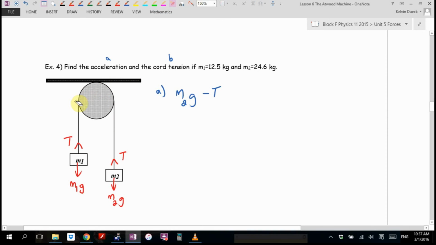And this is what an Atwood machine can do. It lets you flip forces around. What about M1G? And it's more than one mass, so it's going to be M1 plus M2 times A.